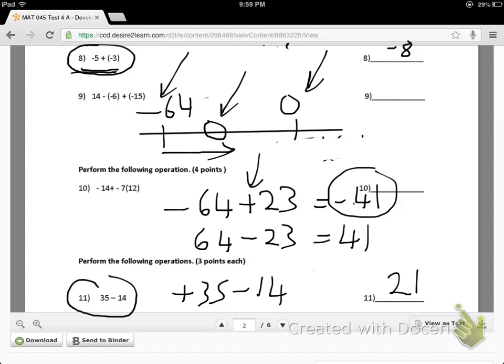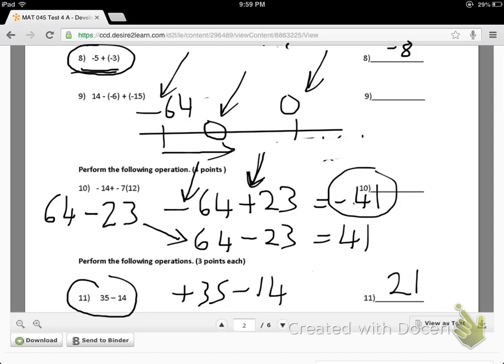This is how we say it. If you look in the book, when the signs are different, you subtract the numbers by doing the absolutes. What's the absolute of negative 64? It's positive 64. What's the absolute of 23? It's just 23. So when you subtract the absolutes, you get 41.